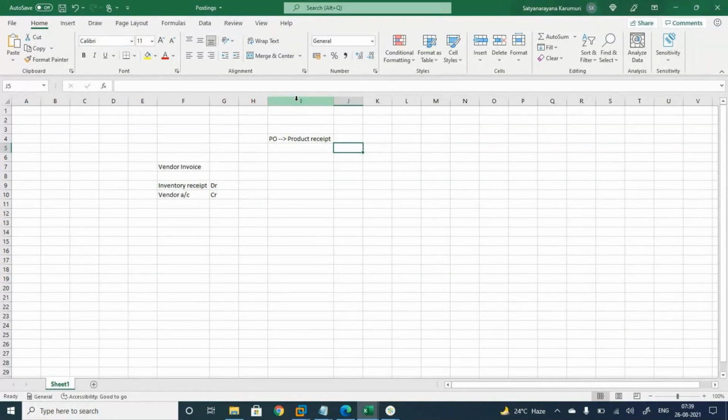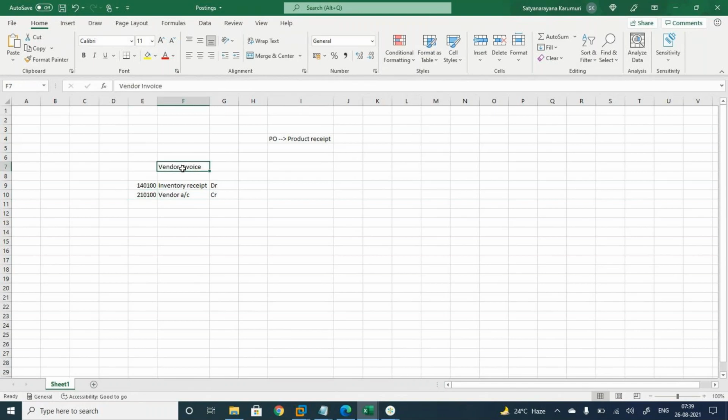Then inventory is not updated, and the 140100 account is not posted. Financial postings happen only at the time of invoicing.